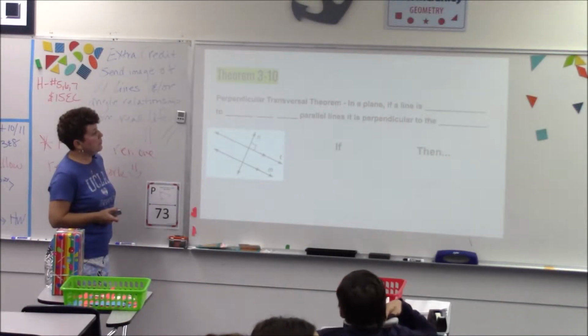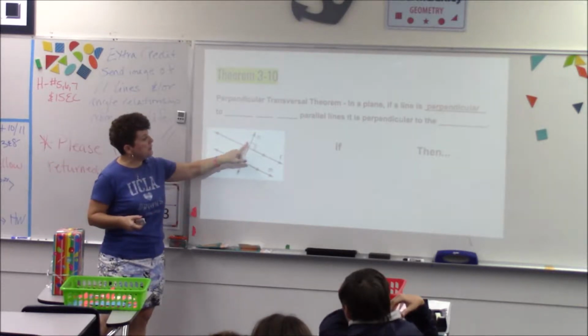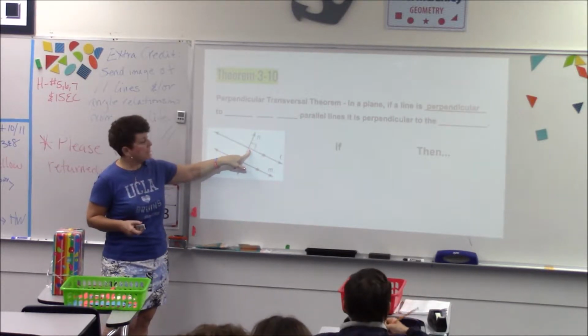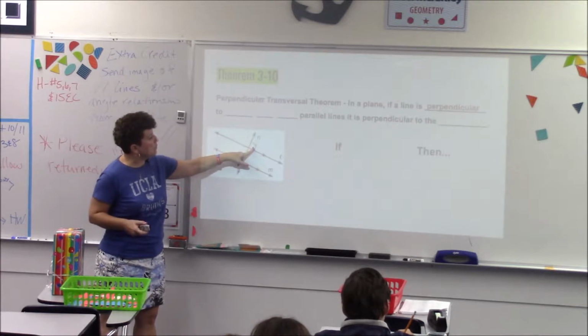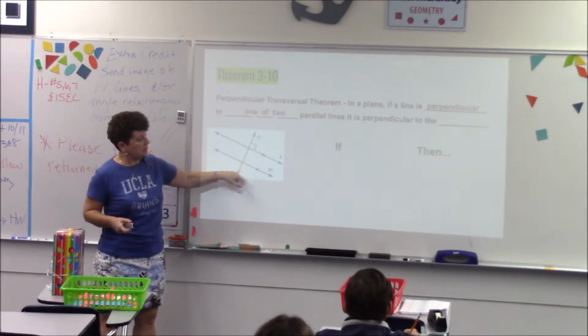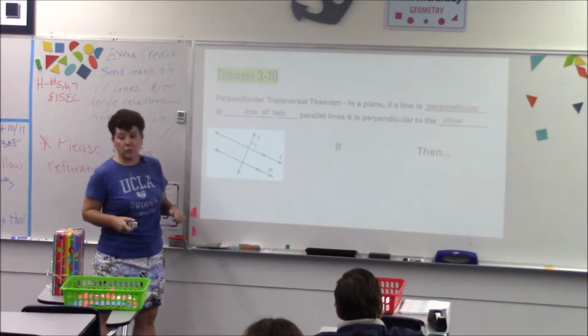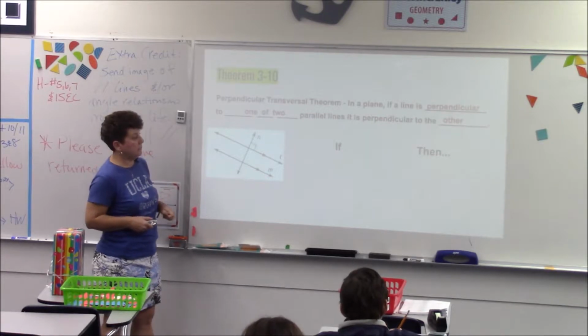All right, and one more. In a plane, if a line is perpendicular to one of two parallel lines, then it must be perpendicular to the other line.